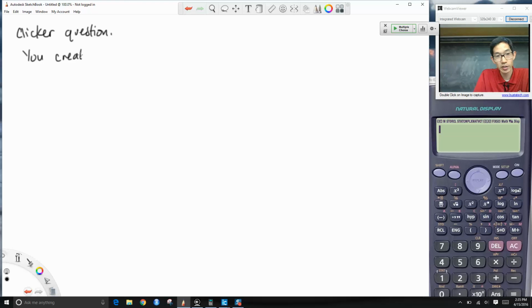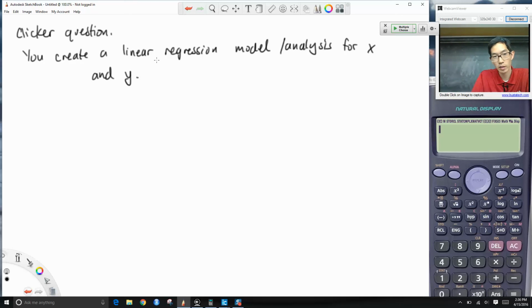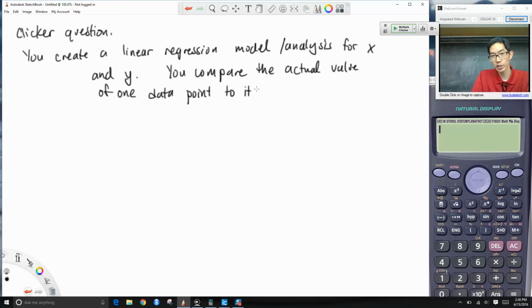Say you create a linear regression model or analysis for X and Y. You compare the actual value of one of your data points to its prediction.